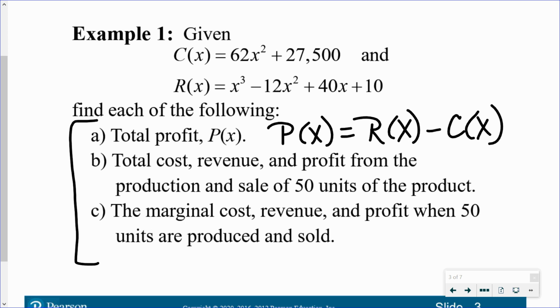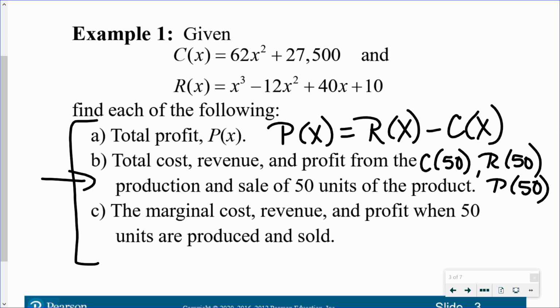That means that I need to find C of 50, R of 50, and P of 50. So that is just plugging those numbers into our original functions.